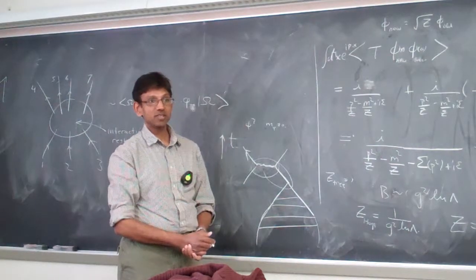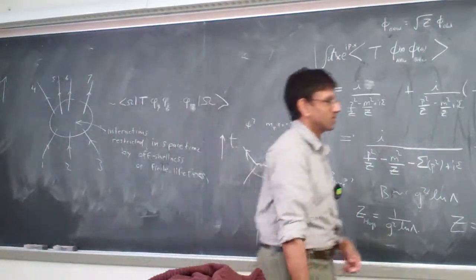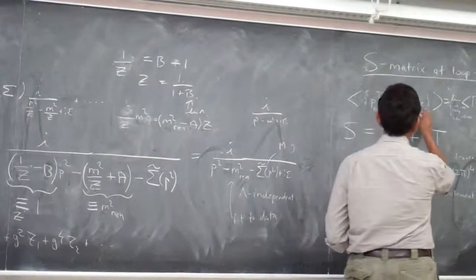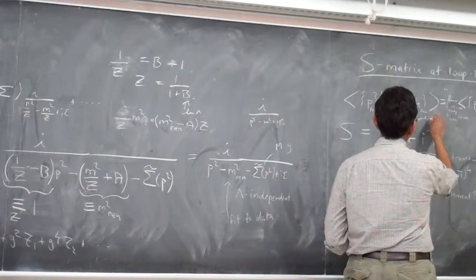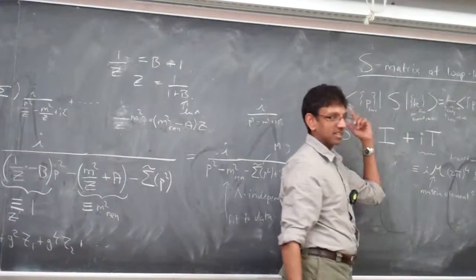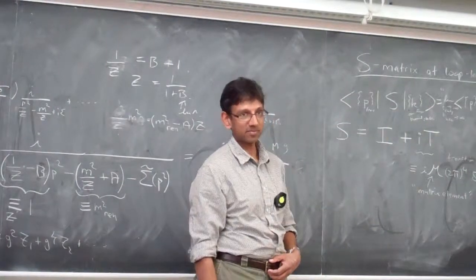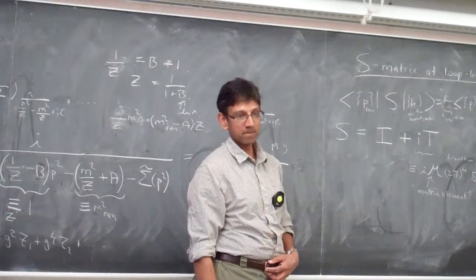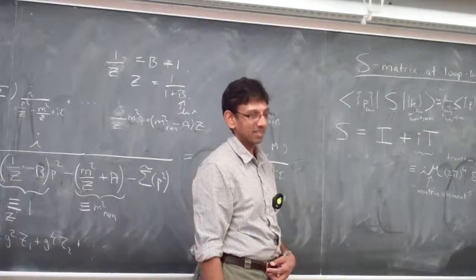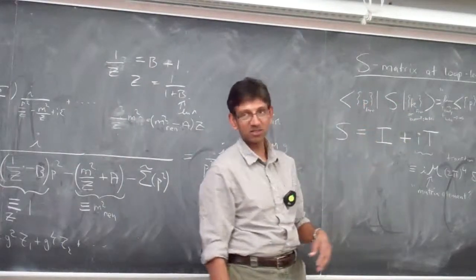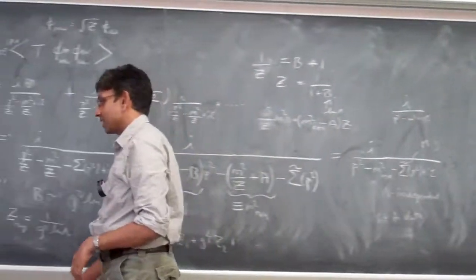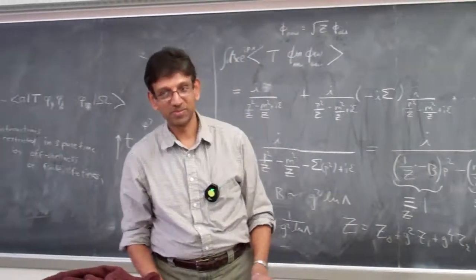The cure is just to include bound states as part of the in-states and out-states that you could have. Once we add them, stable bound states, to the set of things that could be in the in and out sector, then the S matrix comes back alive again.